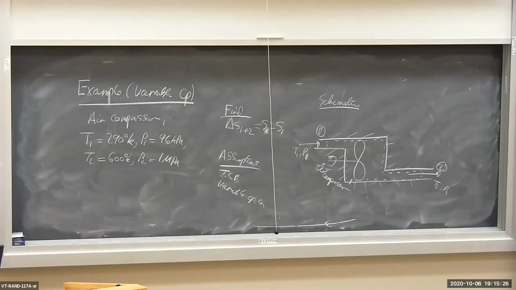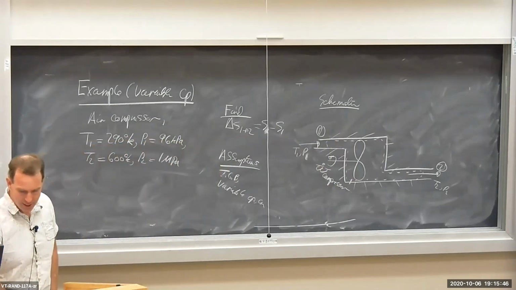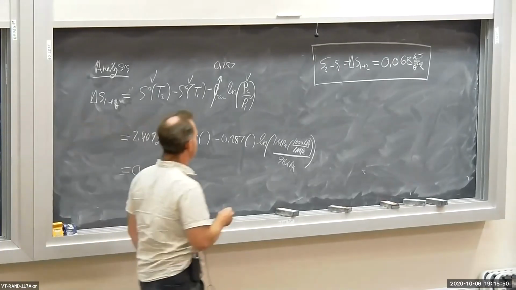There's no heat transfer going on, so there's no entropy transfer from the outside, the environment. So any change in specific entropy from the inlet to the outlet must be due to irreversibilities. So if it's an adiabatic compressor, it's actually an irreversible adiabatic compressor.